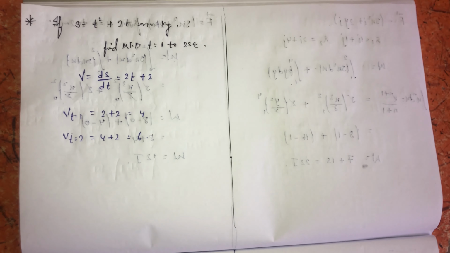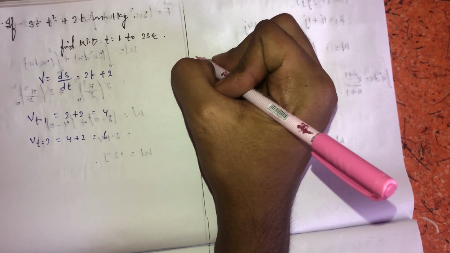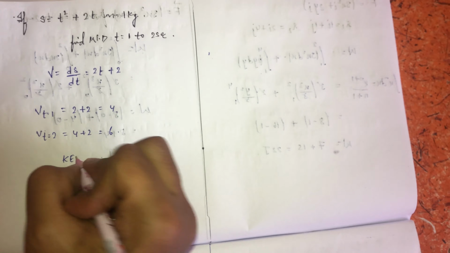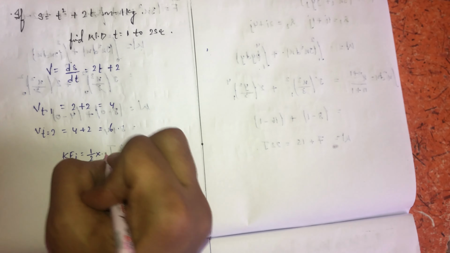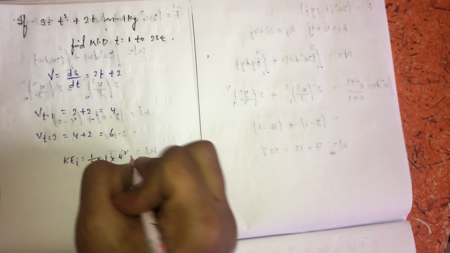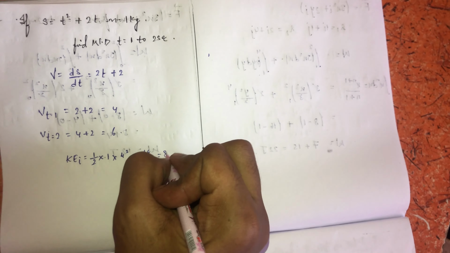Then kinetic energy initial will be equal to half m v square. Mass is 1 kg, 4 square, 16 by 2 will be equal to 8.